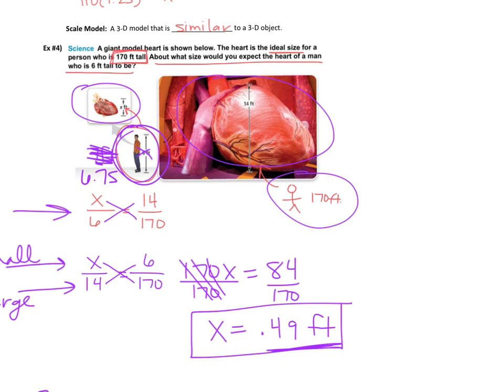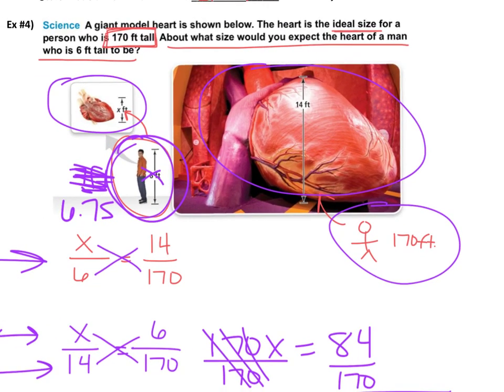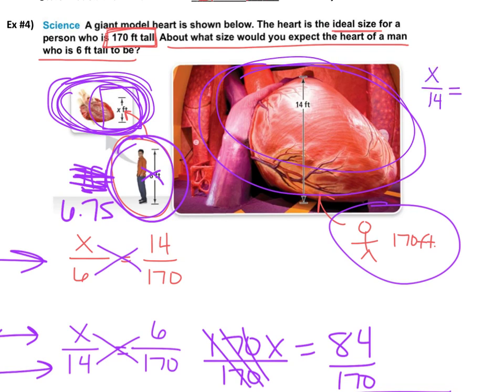How would you set up your proportion for Maylon? So you have x over what? 6.75. So let's do heart over heart, because I want to keep the same things together. So x over 14, right?